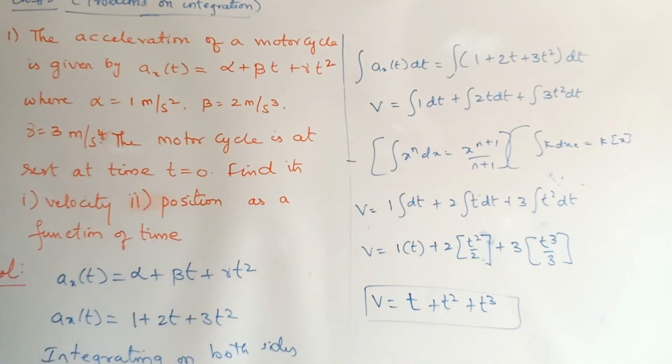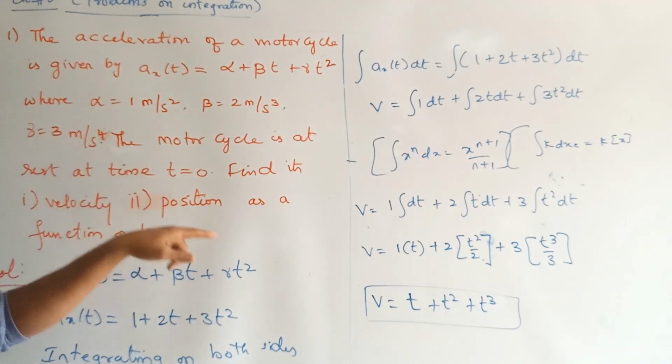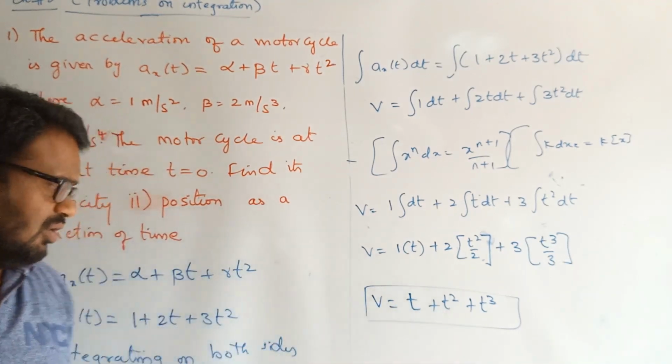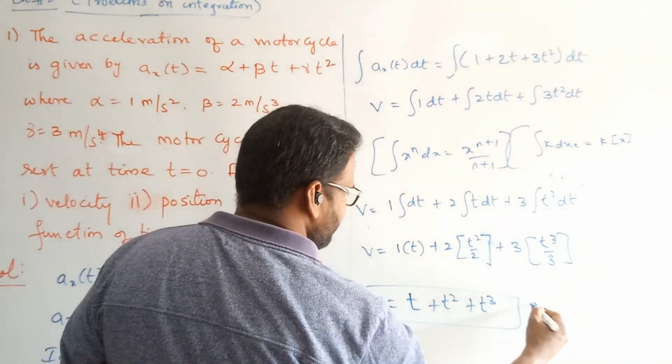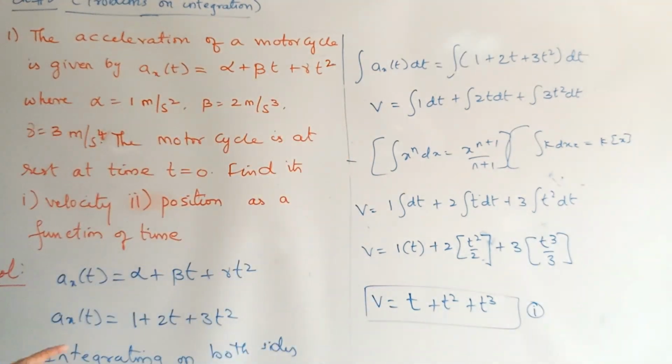Since the initial velocity is at rest, it is 0. This is the equation for velocity, that is t plus t square plus t cube. This is the equation for the first part, velocity as a function of time.